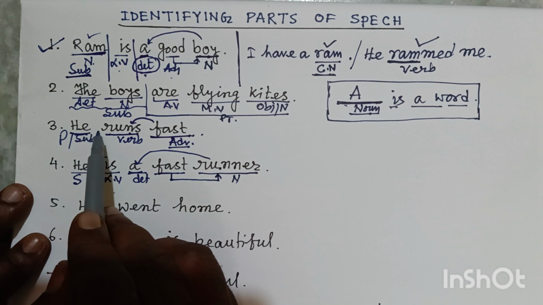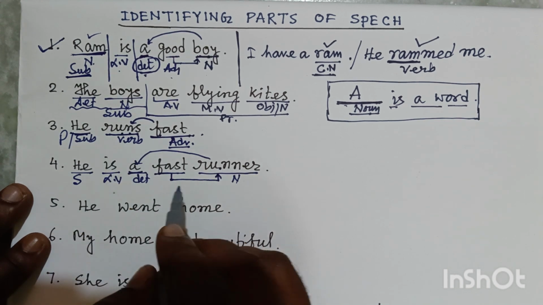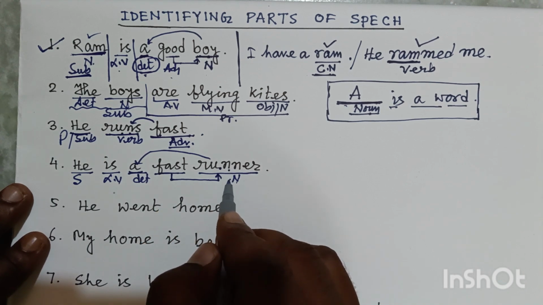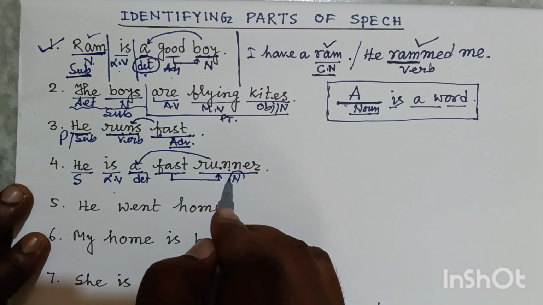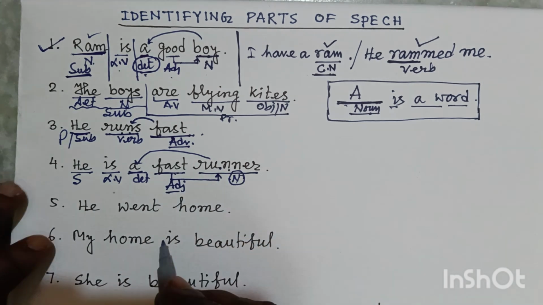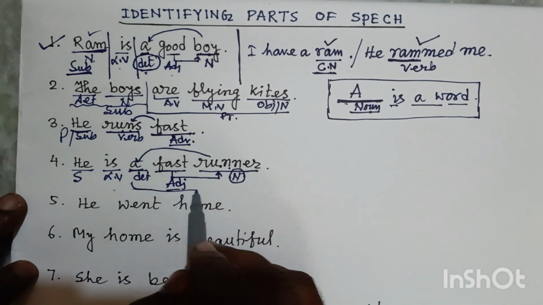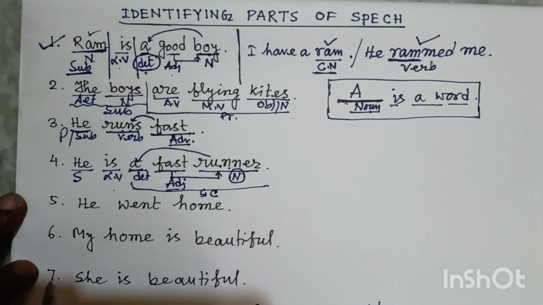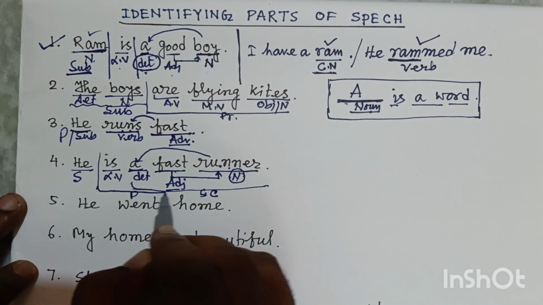Here this first is used to modify runs. Here this first is used to modify runner. Runner is a noun. That means this word is describing this noun. So this first is an adjective here. It is not an adverb. And this entire part is the complement, subject complement. And this entire part will be called the predicate.